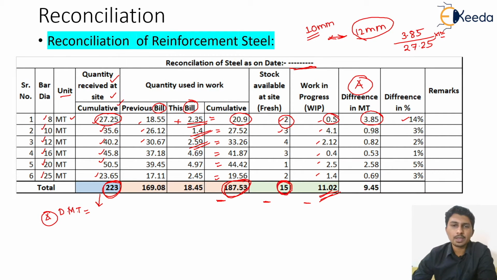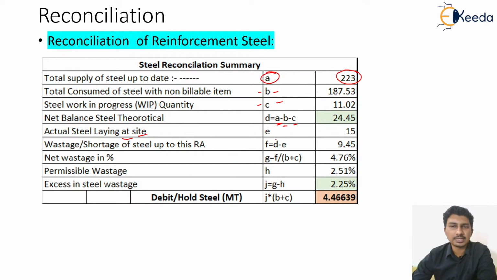Total 15 metric ton is available on site, that is mentioned over here. Now wastage and shortage of steel up to this RA, how am I going to calculate that? That is equal to D, which is the expected quantity, minus this available quantity, that is equal to E. So that comes up with 9.45 metric ton of steel missing.